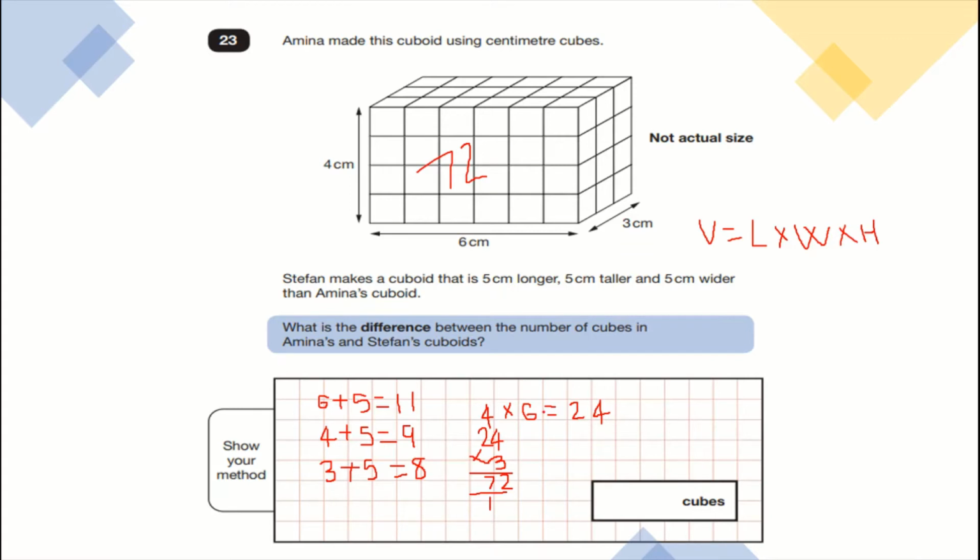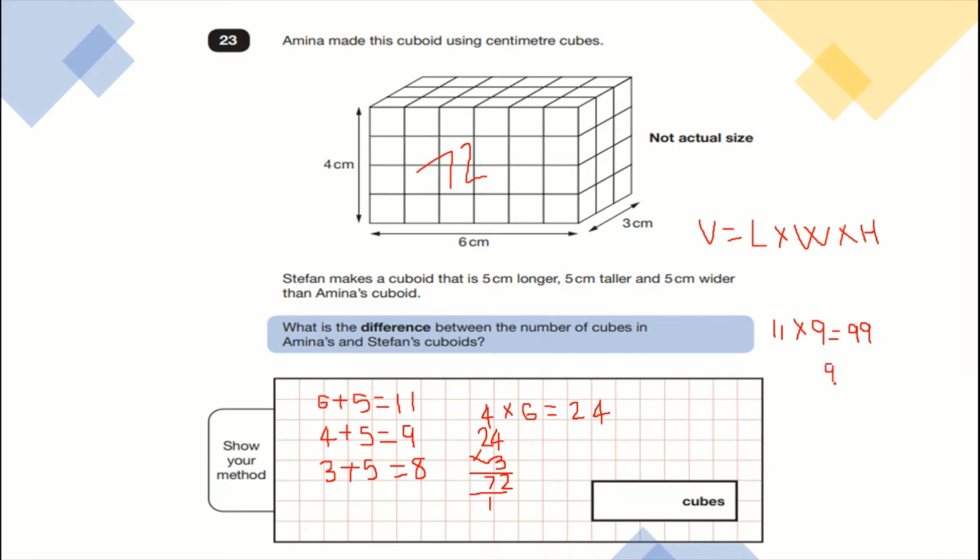Now the volume for Stefan's cuboid, to work that out, we're going to be doing 11 times 9 times 8. So 11 times 9 gives us 99.